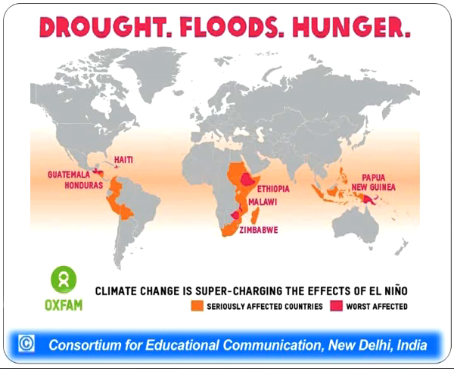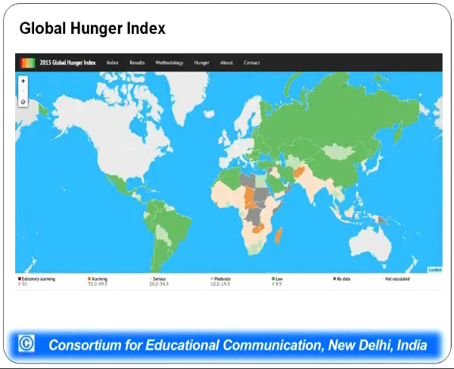Among these regions, a few are very worst affected by this El Nino process. On the other hand, we are also getting the La Nina process in different parts of the region.